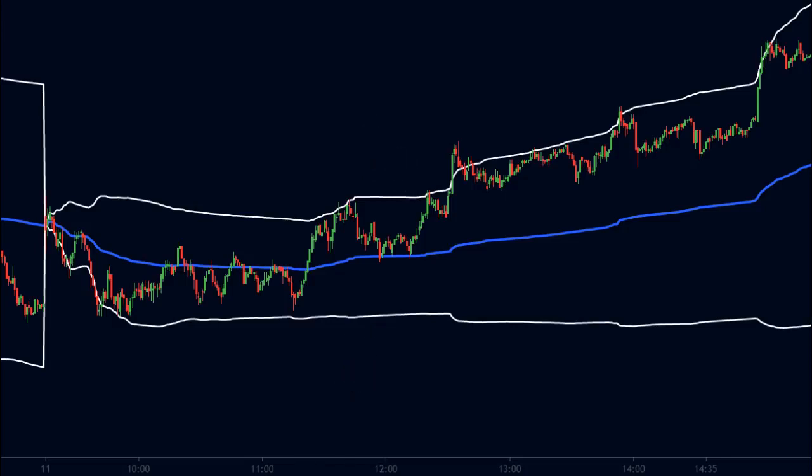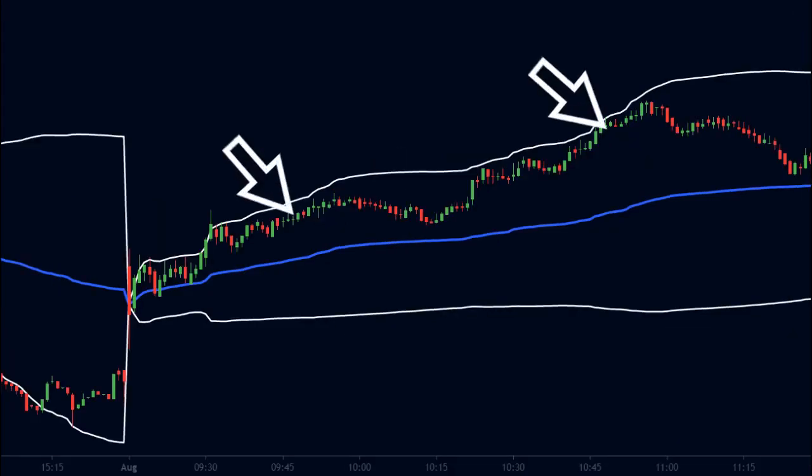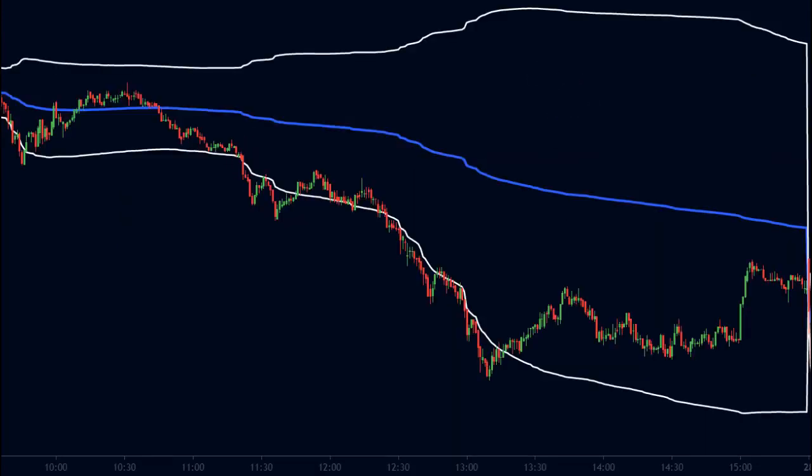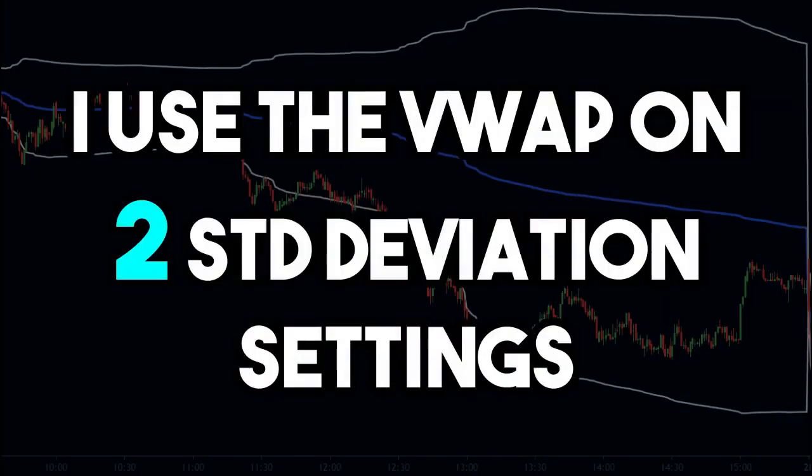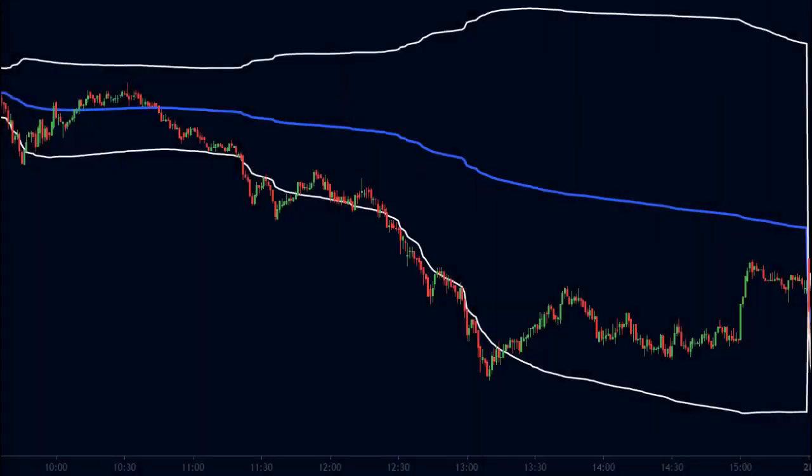But at the same time, in a strong uptrend, the price will move around the upper band without any difficulty. Similarly, in a strong downtrend, the price moves around the lower band without facing any rejection. I personally like to use the Vwap in two standard deviation settings, rather than the default one standard deviation setting.